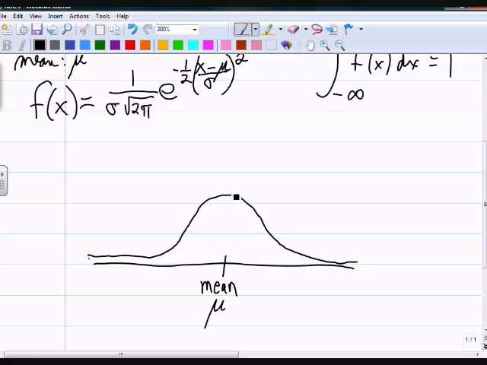So there is an inflection point right about here where you're going down the hill and it kind of switches to going up the hill. If I look at where I am on the x-axis right below that inflection point, that is the value of the mean plus the standard deviation.